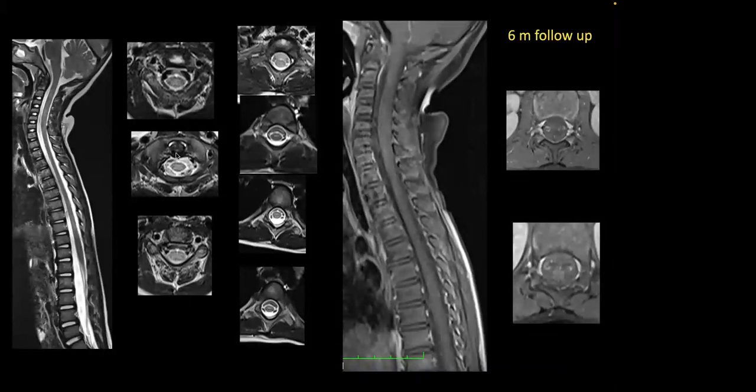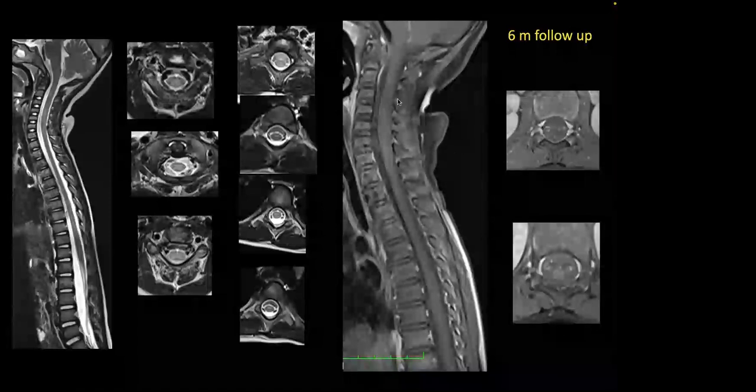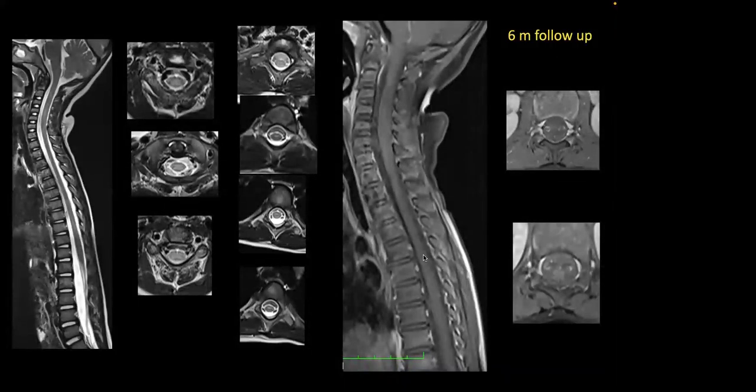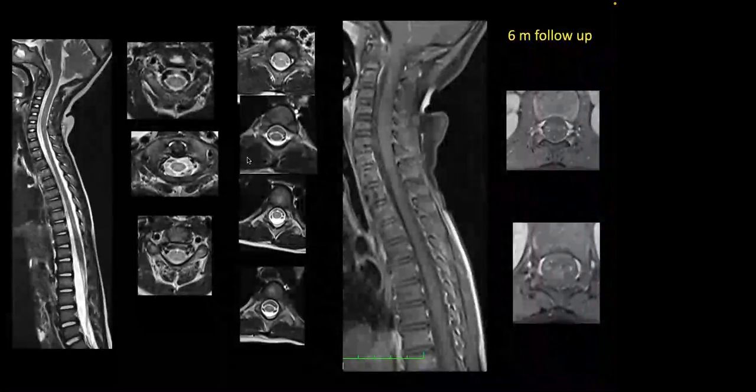The cervical cord changes are pretty similar to the previous study. On post-contrast sequences, there was some enhancement of the cauda equina nerve roots, but no enhancement of the cord abnormalities, as on the initial scan. So there is some interval progression with involvement of the thoracic region and some nerve root enhancement, which was not significantly seen on the prior study.